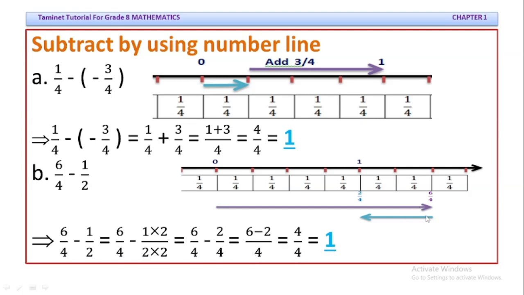You see, our arrow also indicates 1, and our rules also determine the value is 1. So this is the way to determine the subtraction of rational numbers on the number line. And we can also check our result by using our rule like this.